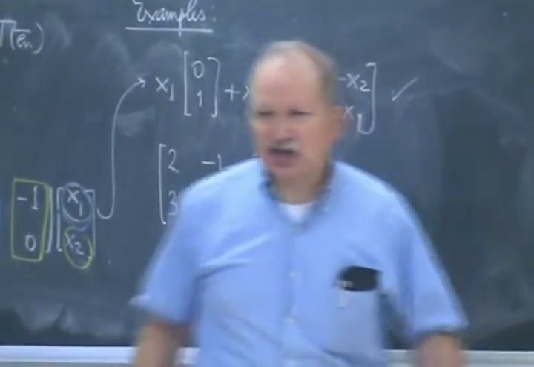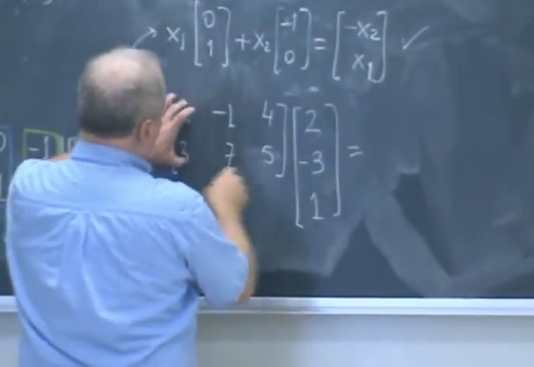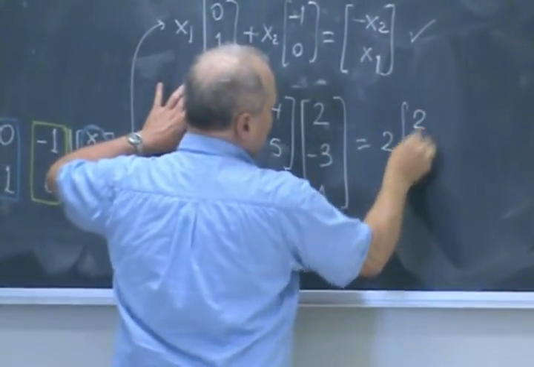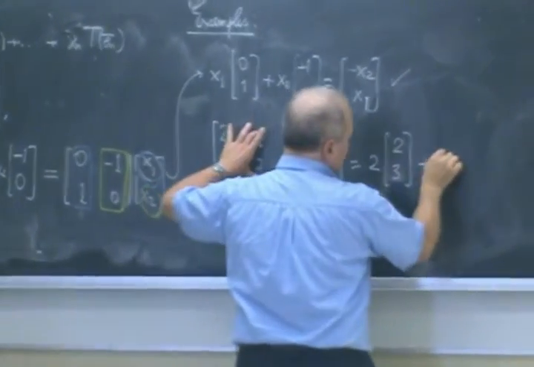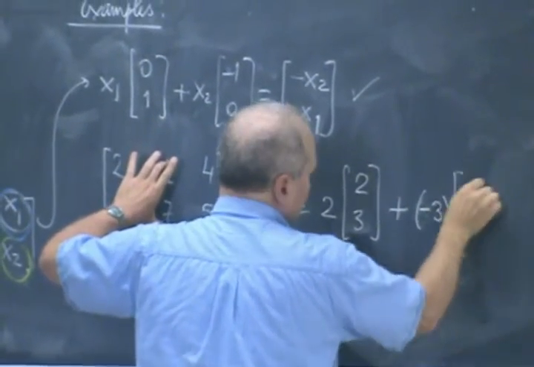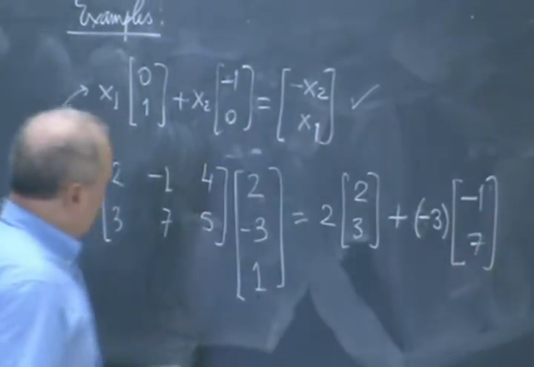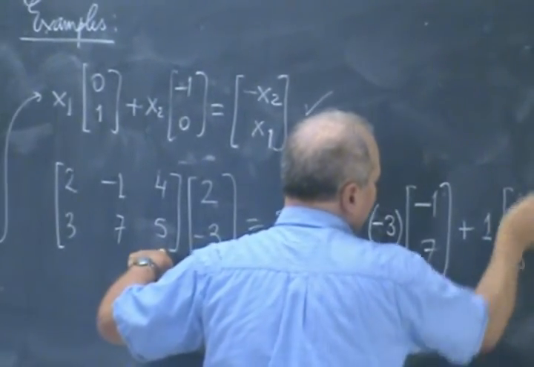Okay, so now the definition I've given you is take 2 of these plus -3 of the second column plus 1 of the third column.